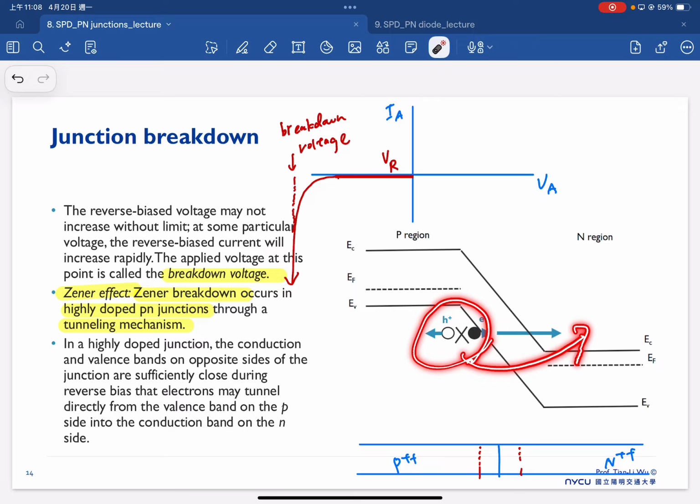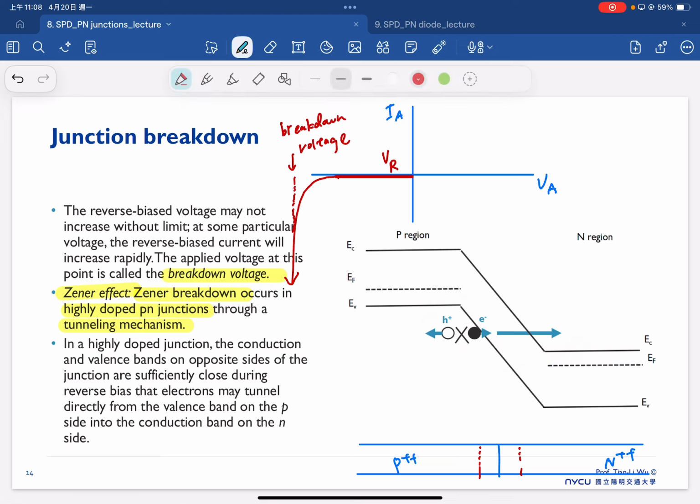This is a mechanism we learned from quantum mechanics. We already learned about it; it is the same one we call the tunneling mechanism. So in a highly doped junction, the conduction and valence bands on opposite sides of the junction are sufficiently close during reverse bias, and an electron might tunnel directly from the valence band on the p side into the conduction band.